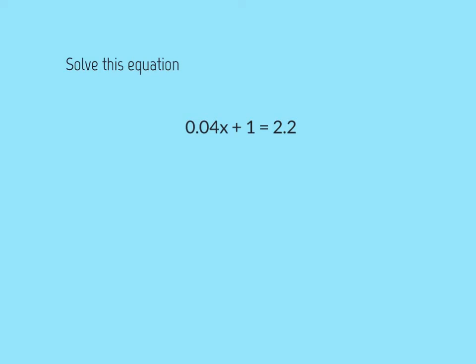bit easier to solve. So as I take a look here, I have two decimal places, going to the hundredths there and to the tenths here. Well, one thing we know about equations is that we can find equivalent equations by multiplying everything by the same number.